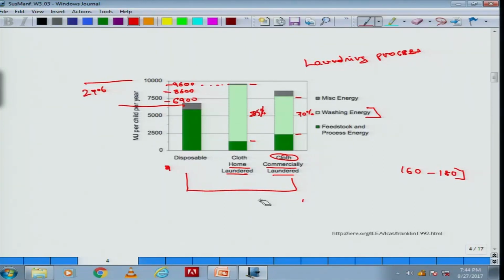So, another difference between these two kinds of diaper was the amount of water that is used. The cloth diaper that is home laundered used about 34,000 liters of water, and the commercially laundered diaper used 21,000 liters of water, sorry.